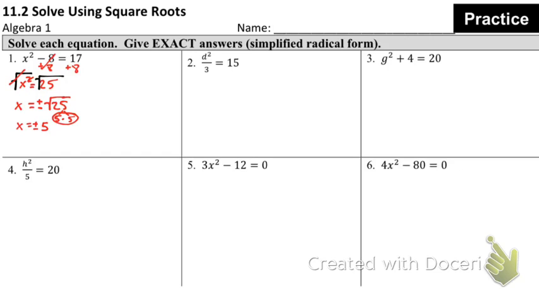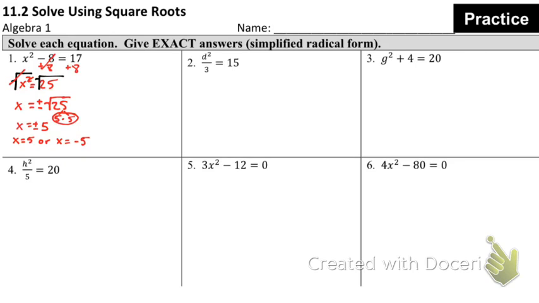So we have x is equal to plus or minus 5. What this really means is we have two answers. x is equal to 5, or x is equal to negative 5. That's all plus or minus means. There are two distinct answers.